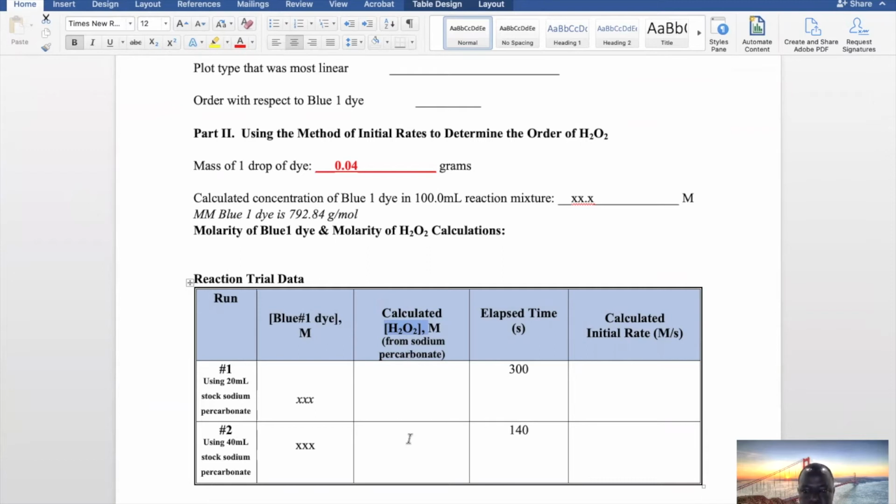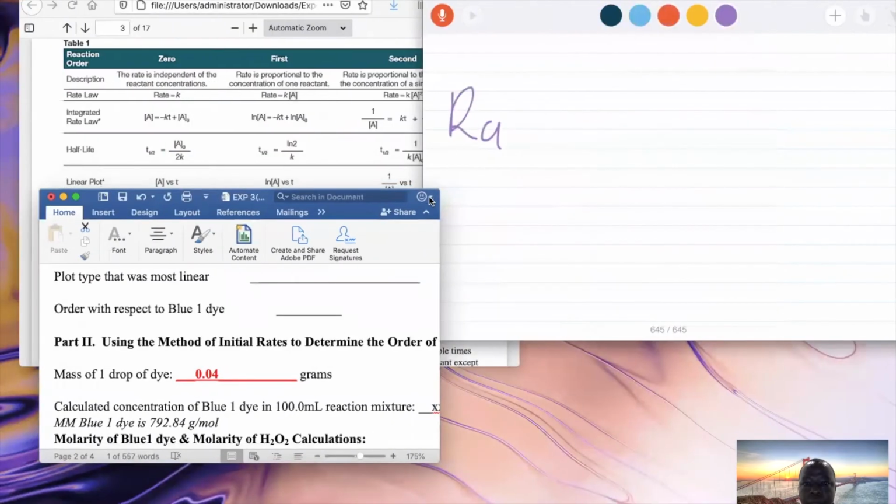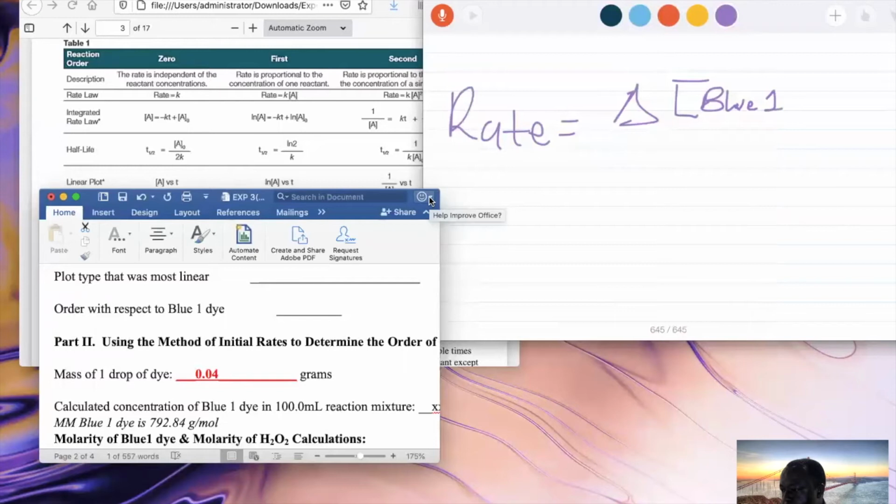Now, to get the calculated initial rate, we will take this value here, whatever you'll get here, divided by the time. Remember, rate, I'm just going to show you on my whiteboard, rate is given by change in concentration of blue 1 dye over change in time.